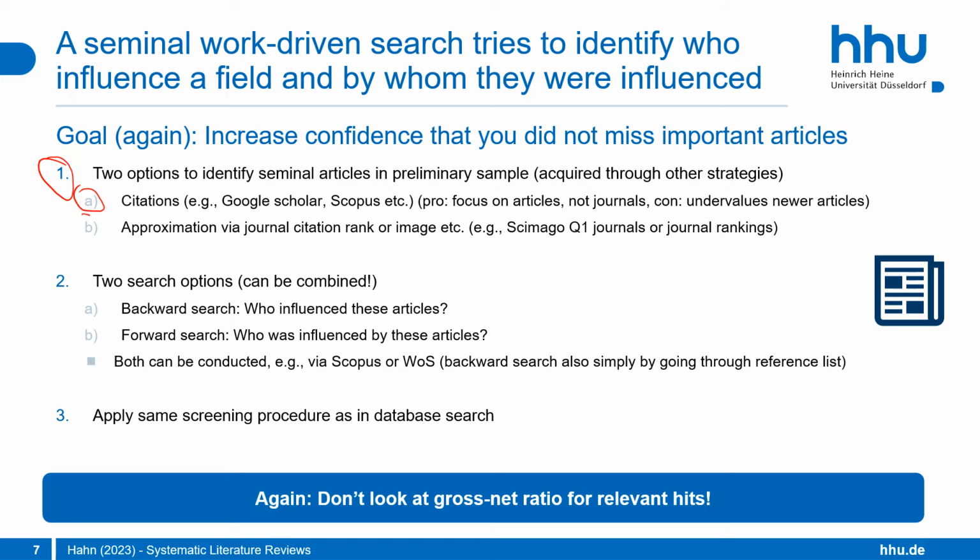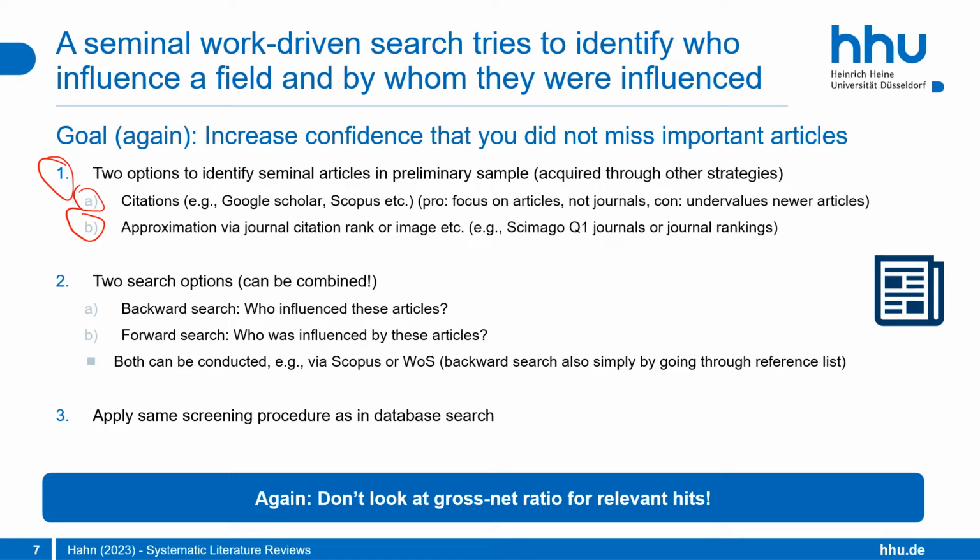An alternative approach thus would be to approximate seminal work by not looking at the single article in your preliminary sample, but looking at the journals in your preliminary sample and determine seminal work through these journals. In this case, you don't look at the single article, but rather you look at, for example, journal citation rankings or journal impact via one of these journal rankings that I mentioned earlier.